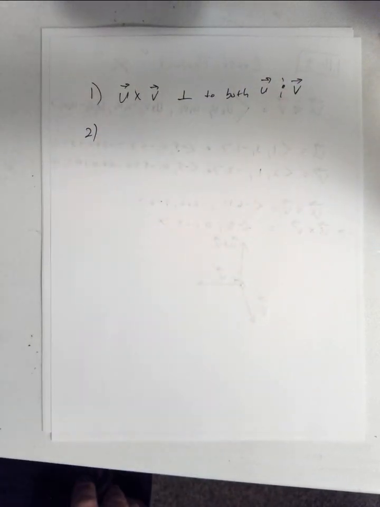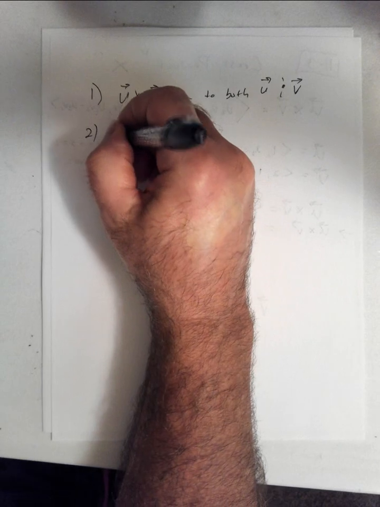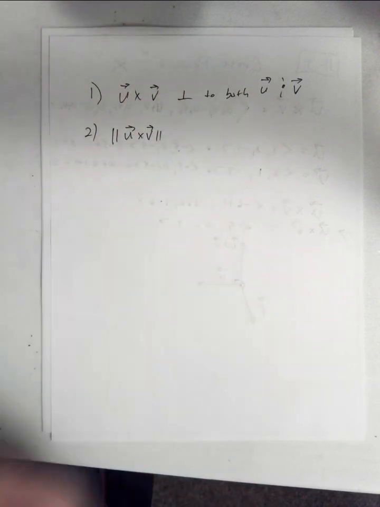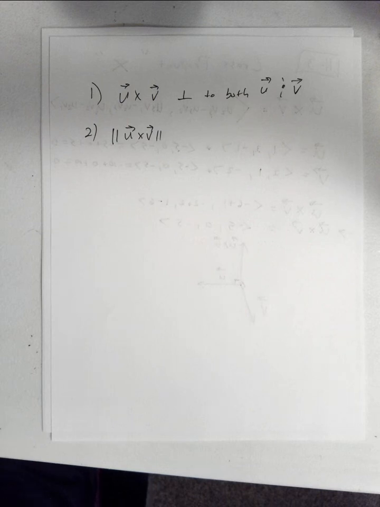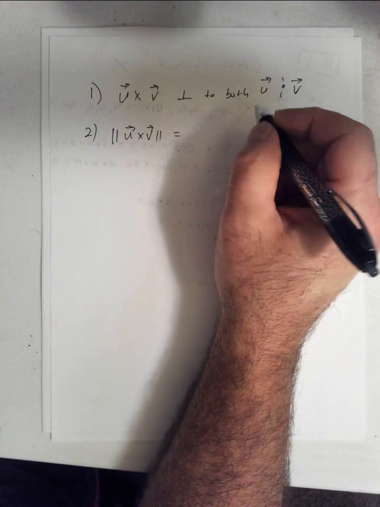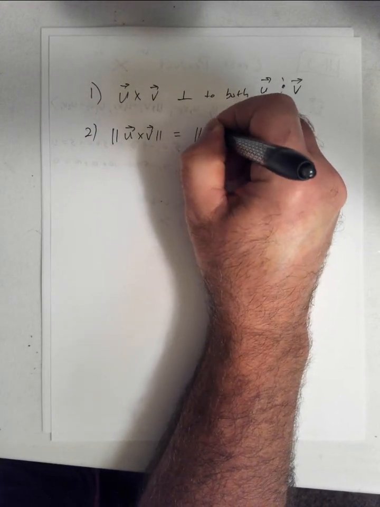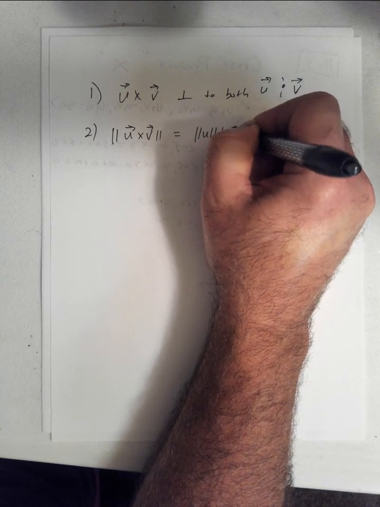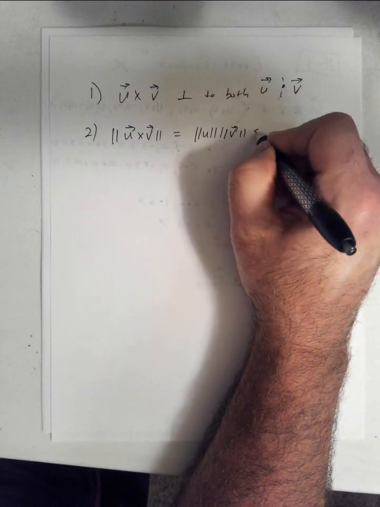The second thing that's true is that when you take the magnitude of the cross product, remember magnitude is the distance, cross product is a vector, so when you take the magnitude, it becomes equal to the magnitude of u times the magnitude of v times the sine of theta.